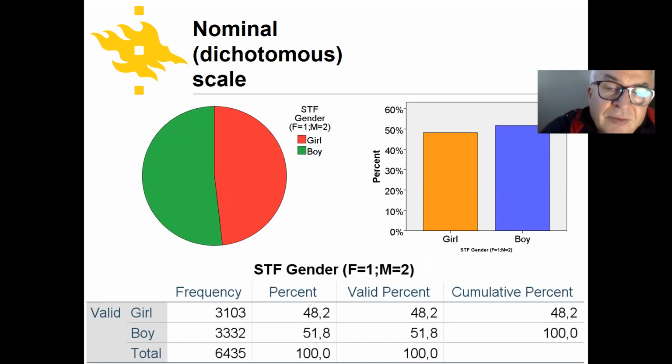It's very basic stuff, but the point here is that you tell the same story with different pictures and with the table, with the frequencies and the percent. So you choose the way you describe something in the most practical way for the reader, so the message gets across in the best possible way.